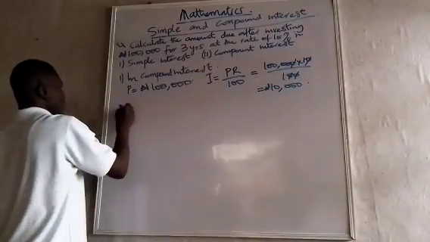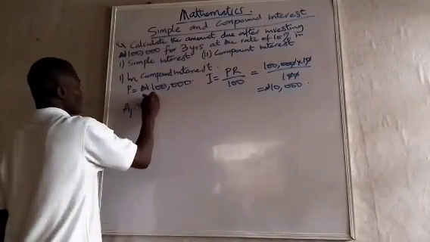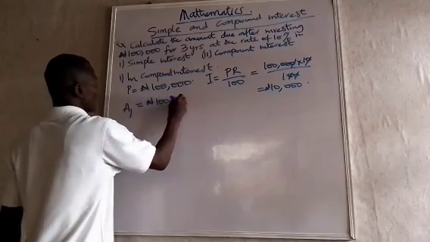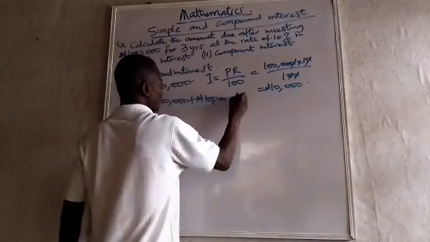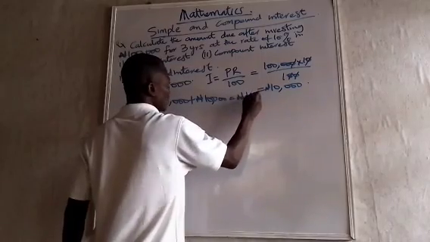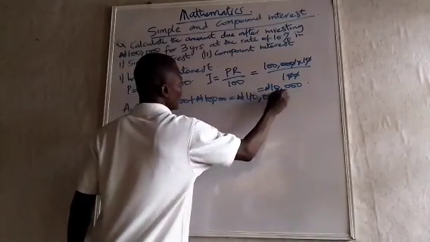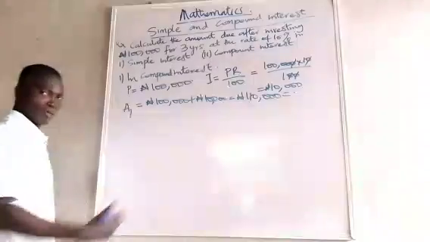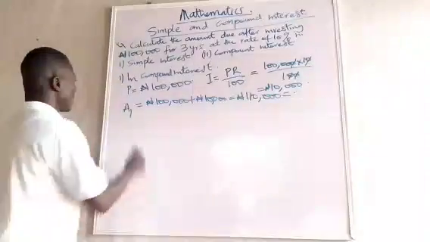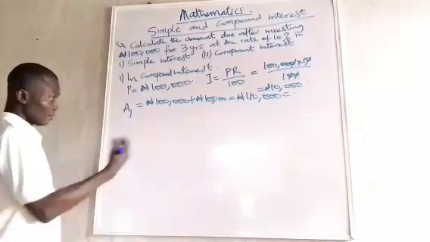So A, the first year, is going to be 100,000 plus 10,000 naira. That gives us 110,000 naira. So this amount will now become the principal of the following year. You understand? So we are now going to make that either P1 or we continue with A1.